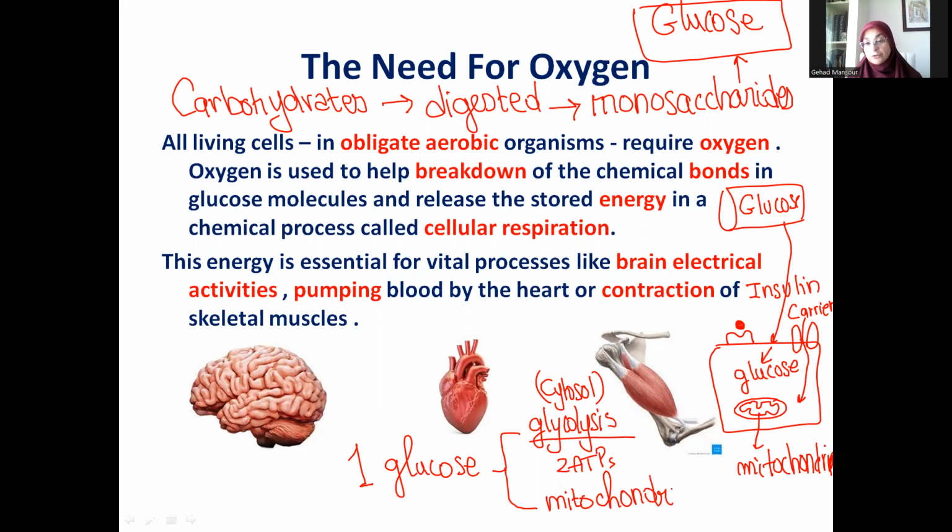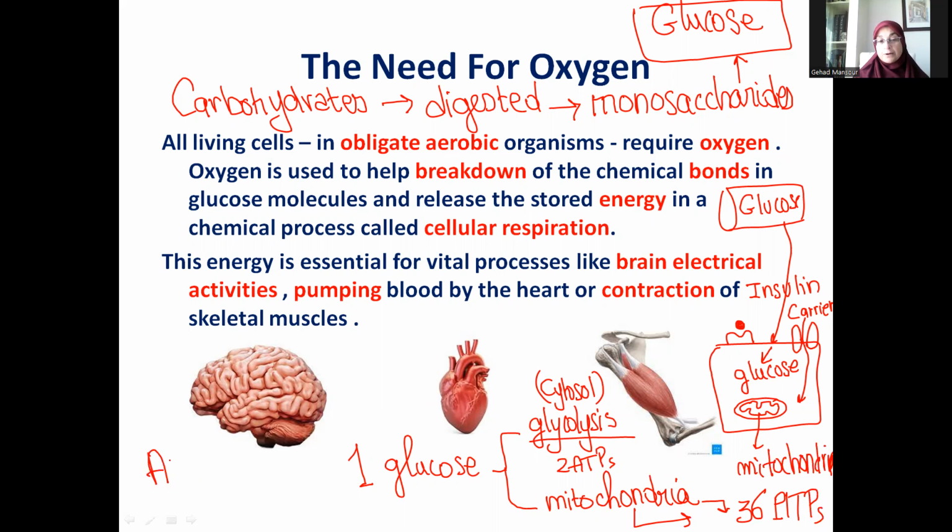In the mitochondrion, one glucose molecule will release the rest of its stored energy, and this energy will be stored in 36 ATP molecules. Therefore, most of the energy extracted from one glucose molecule will be produced in the mitochondria and will share in the formation of 36 ATP molecules.